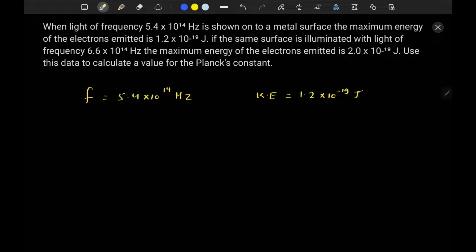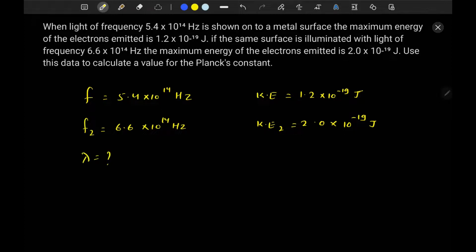If the same surface is illuminated with light of frequency 6.6 into 10 power 14 hertz, the maximum energy of the electron emitted is 2 into 10 power minus 19 joule. So this question is, calculate the value of Planck's constant.